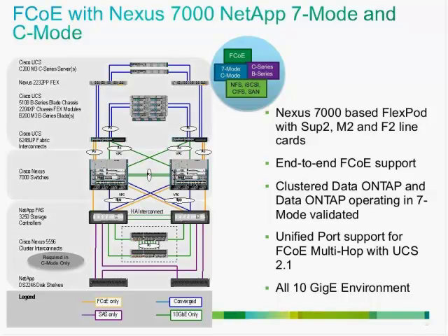So our FCoE links between the fabric interconnects and the 7K are terminated into the VDC. Same thing is true for the links between the NetApp and the Nexus 7000. We have a dedicated FCoE link going between the Nexus 7000 SAN VDC down to the filer, as well as up to the fabric interconnect, as you can see in this picture.